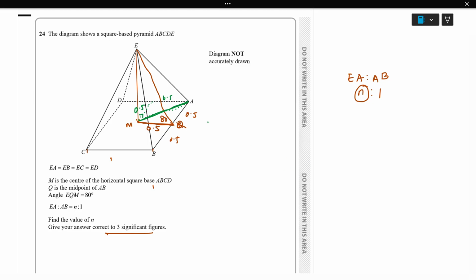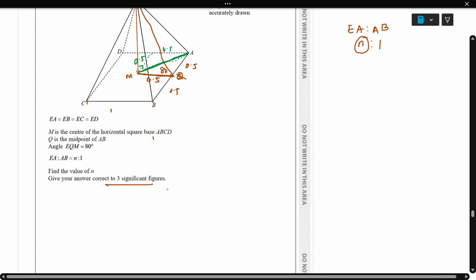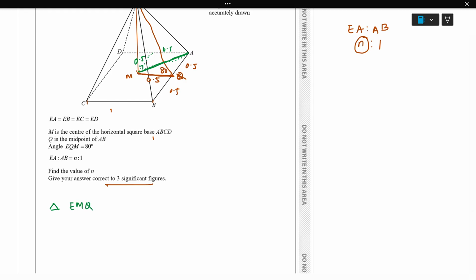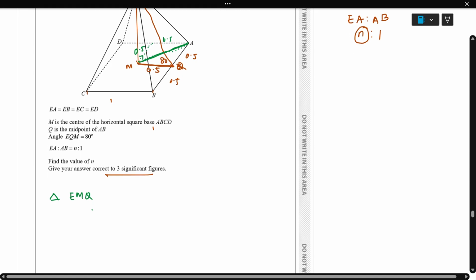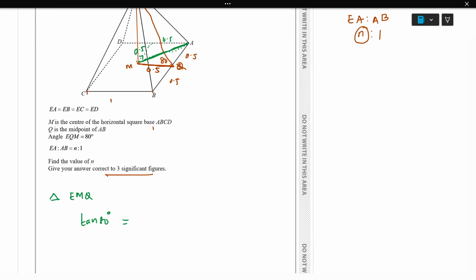EM is very simple. So I'll take triangle EMQ. So tan 80 degrees equal to opposite, which is EM, over the adjacent, which is 0.5. So tan 80 degrees equal to EM over 0.5.